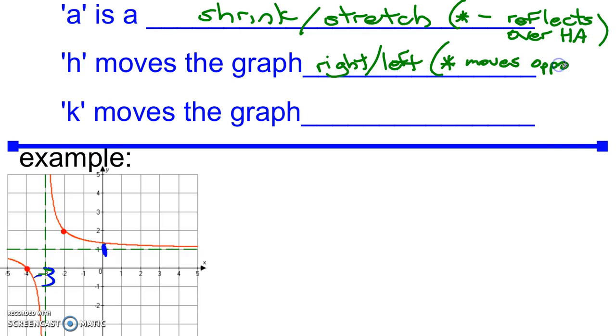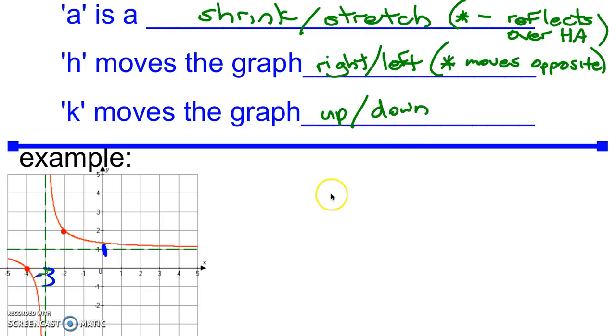So if we have a plus 3 with the x, it's going to move left 3 instead of right 3. It sort of does the opposite of what you intuitively think it would do based on the sign. k is tagged on to the end, and that's what moves the graph up or down.